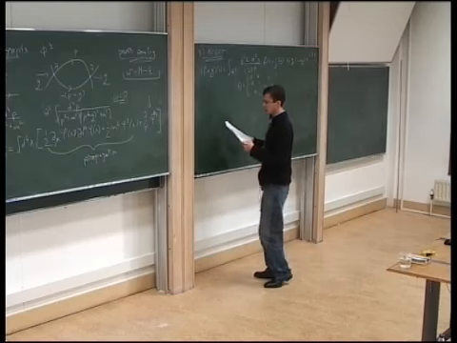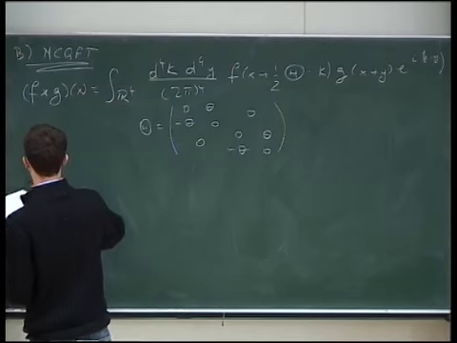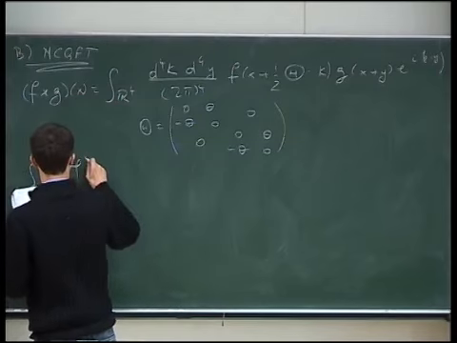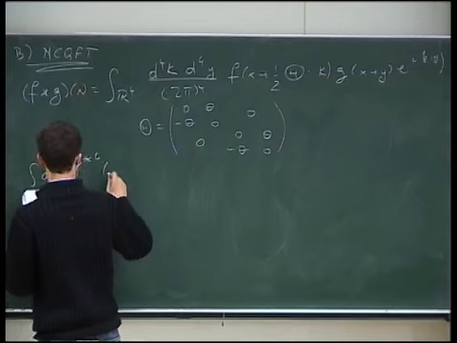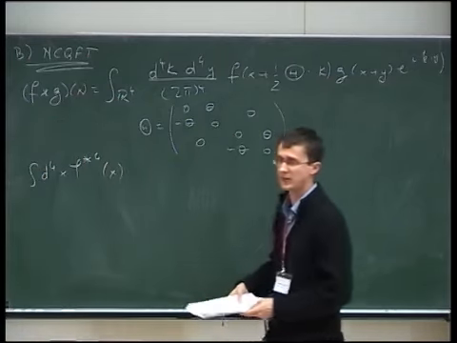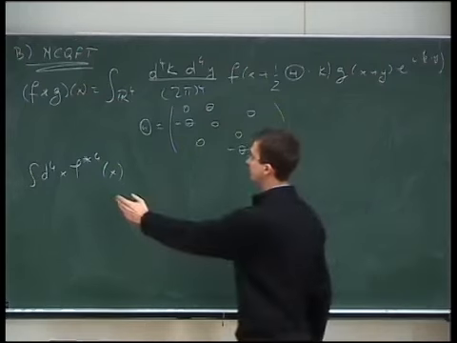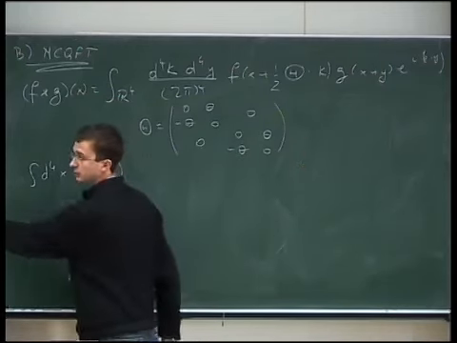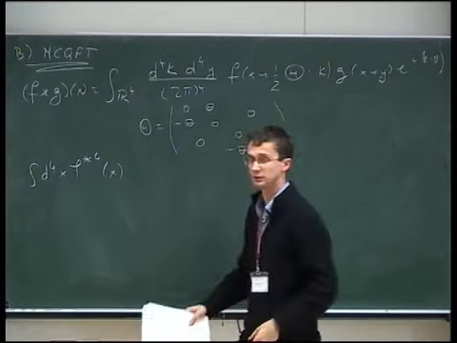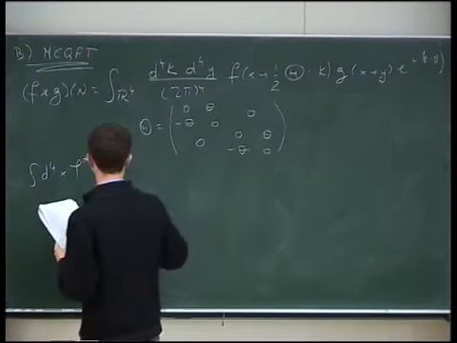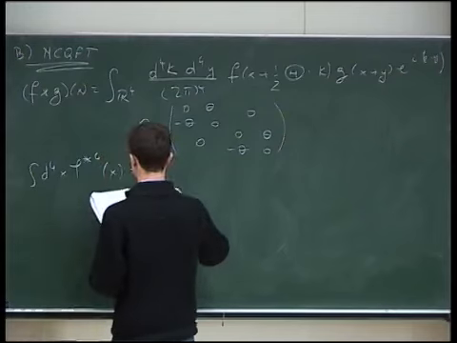And one can prove that this interaction part, phi star power 4, by which I mean phi to the power 4, but with a non-commutative star product in place of the usual multiplication.